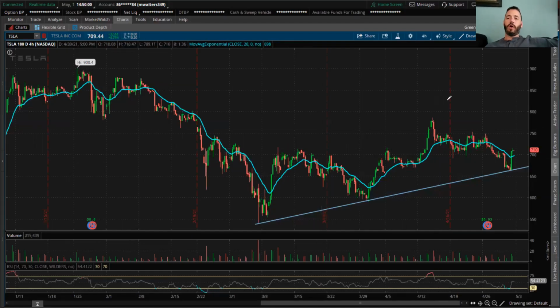Okay, and we're going to start out with Tesla. This was one on Friday that I alerted the Discord and I alerted Twitter for a possible bounce off an ascending trend line. This trend line was drawn about a week ago. So before this even happened, when the price was up here, I drew this trend line.